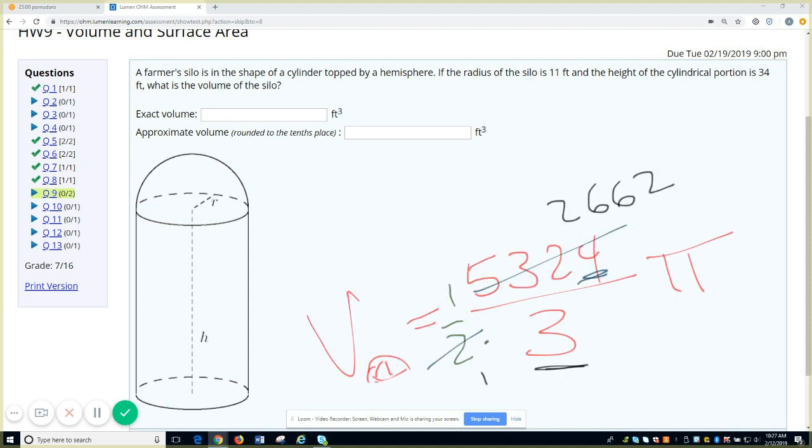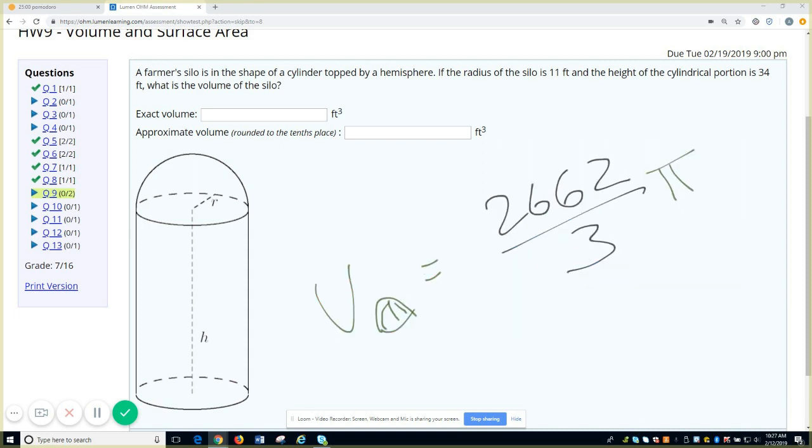And notice the 3 still stayed because I had to multiply my fraction by 1/2 to take half of my full sphere. That 2 in the denominator was able to cancel with the 4 in the numerator, which left 2,662 in the numerator, and the 3 still remained. So that's how we got 2,662 over 3, times pi.